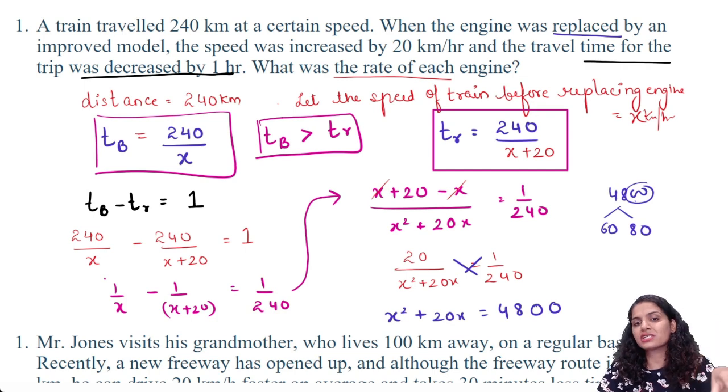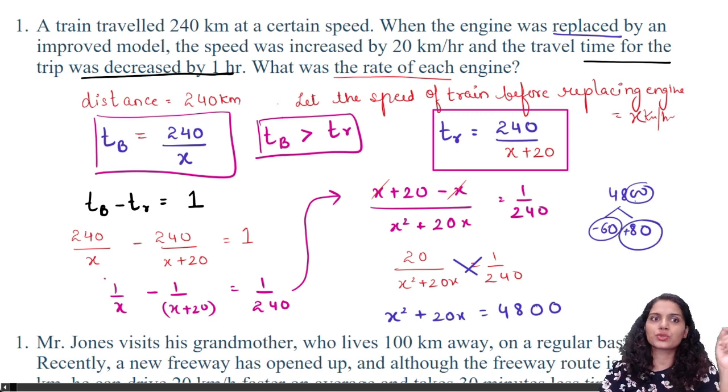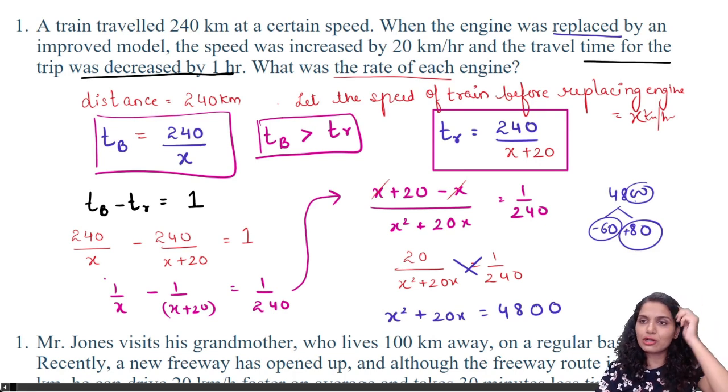I want positive 20, so positive 80 and negative 60. You can use these two numbers. Alright, so we are done with this. Once you get the value of x, that's all they have asked for.